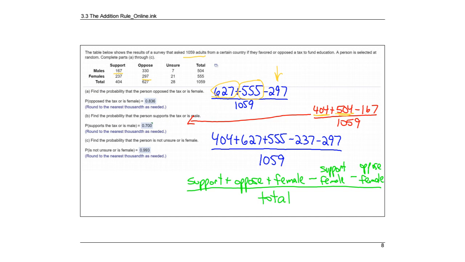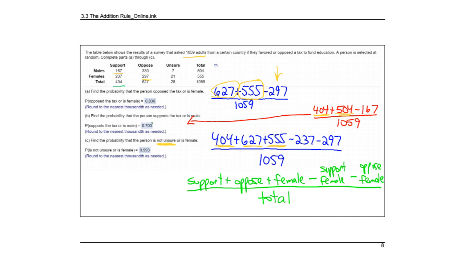Whew. And then finally, we have a person is unsure or is not unsure. Ooh, watch for those nots. Is not unsure. So that would be the 404 who support. That would be 627 who oppose. Then we say or is female. So that would be 555. But now we got to watch because now we have a couple of overlaps.